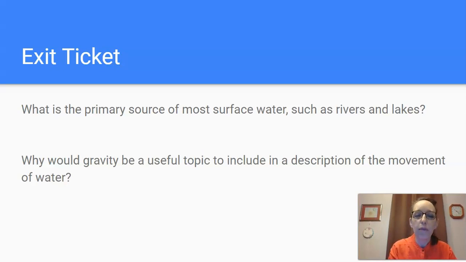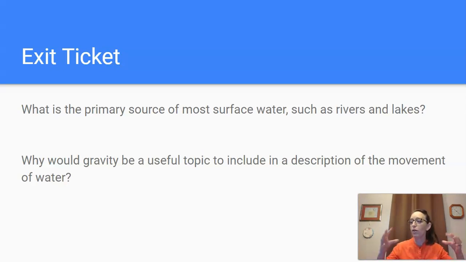And then why would gravity be a useful topic to include in a description of the movement of water? Why do y'all think that it would be important to include gravity when we're describing the movement of water? Ooh, good, Jameer. Yes.